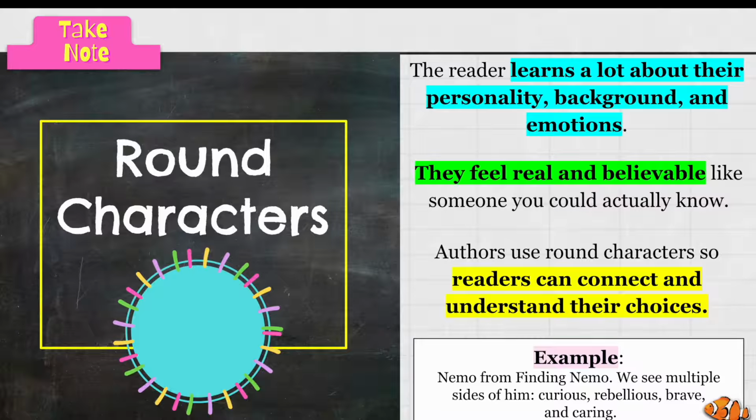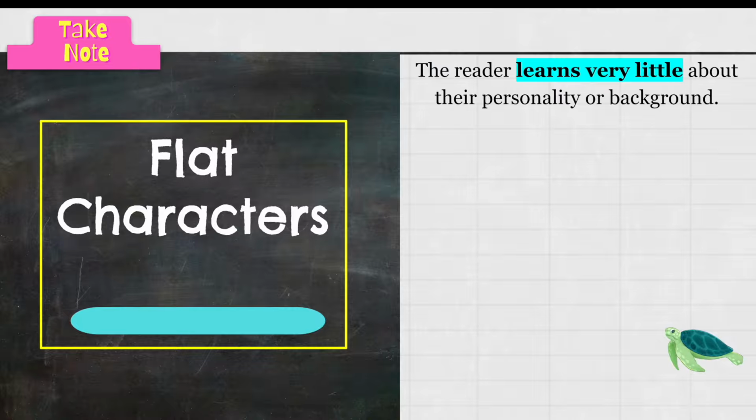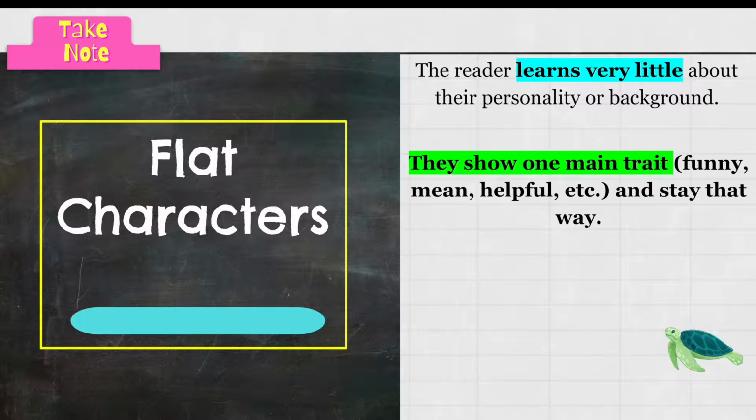And on the flip side, we have flat characters. Now, the reader learns very little about their personality or background, but they're important. They show one main trait, like funny, mean, helpful, etc., and they stay that way the whole movie. Now, notice I didn't say boring. Sometimes people think flat equals boring, and I can get why the connotation of that word means boring, but it's not always boring.